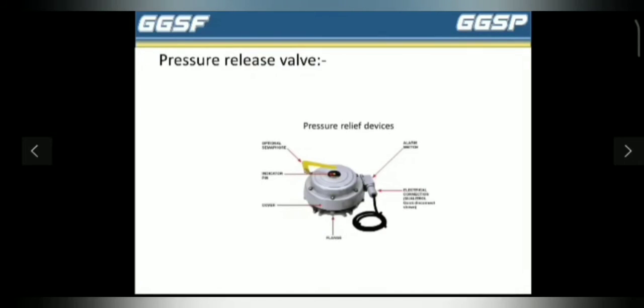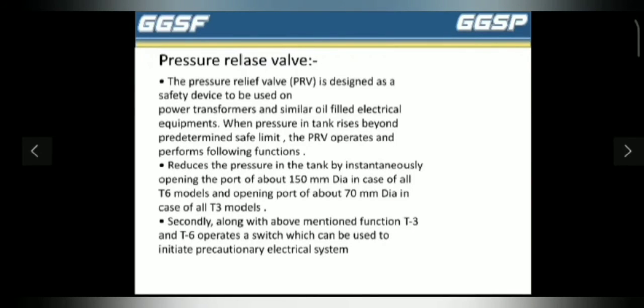Pressure release valve. Here is the diagram of the pressure release valve. The pressure release valve or PRV is designed as a safety device to be used on power transformers and similar oil filled electrical equipment. When pressure in the tank rises beyond predetermined safe limits, the PRV operates and performs the following functions.